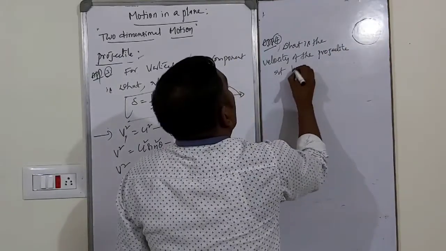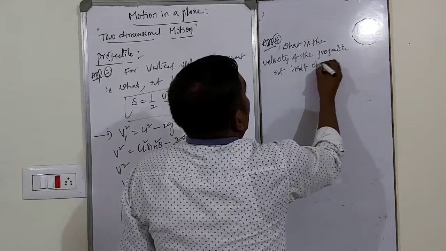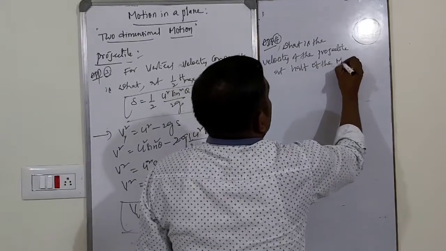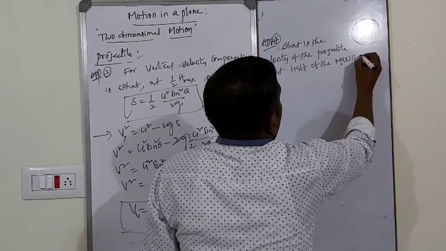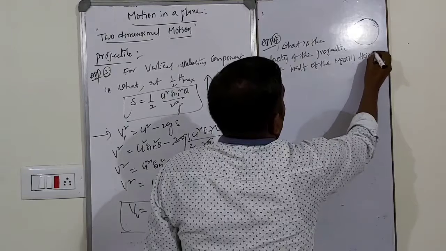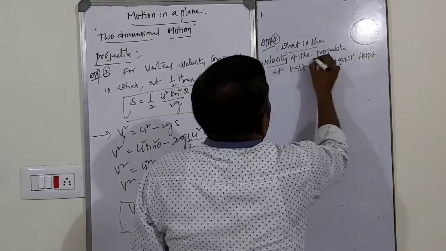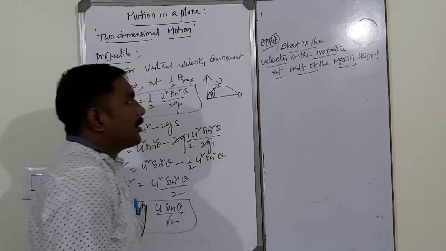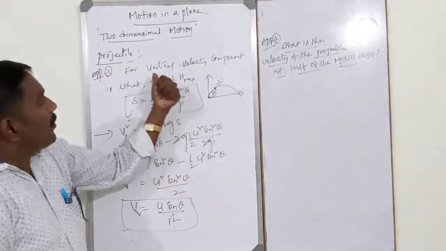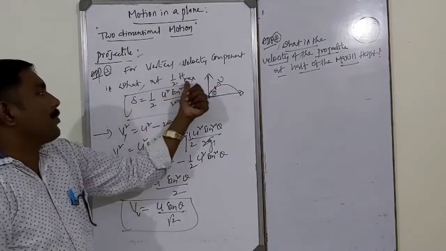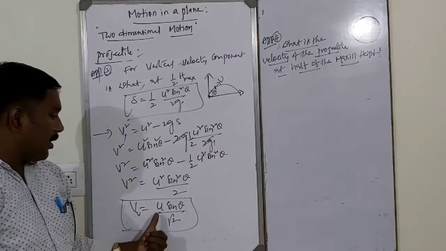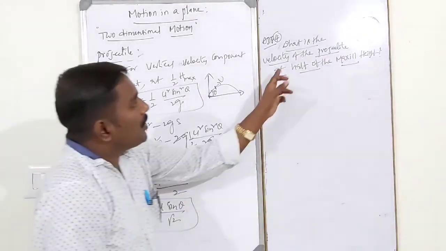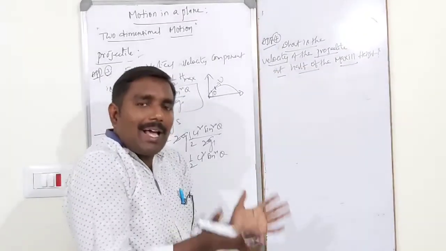What is the velocity of the projectile at half of the maximum height? See, this is the vertical velocity component at half of the maximum height, students: u sin theta by root 2. So this is the total velocity.